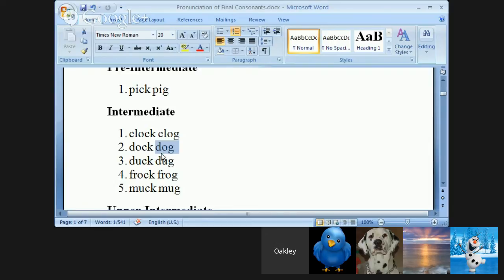Duck, dog. Okay, what I'm doing here, the back of my tongue is lifted up. I'm not dropping my tongue. I'm actually sliding my tongue on the roof of my mouth to get into position for this D. Dog, duck.